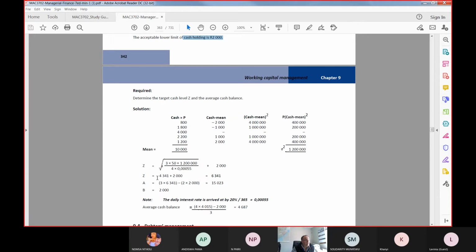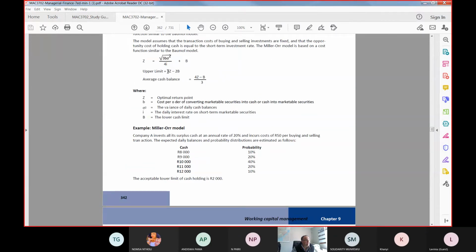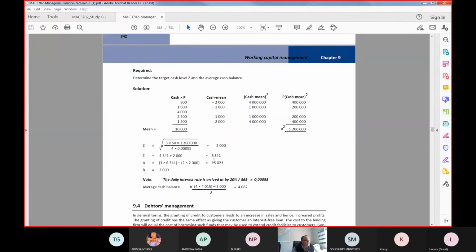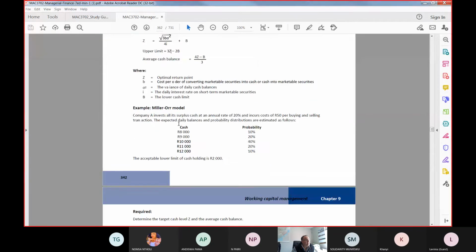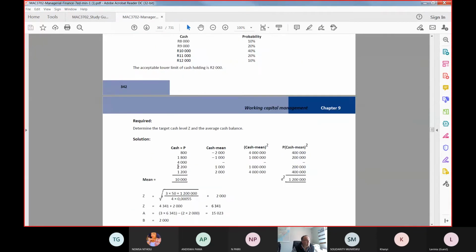Square rooted, it comes to a total of 6,341 Rand that we require for Z. So we then substitute Z into the second formula, 3Z. Now 3Z, the Z is now how much? 6,341. And we are looking for B. We do it in an algebraic form.